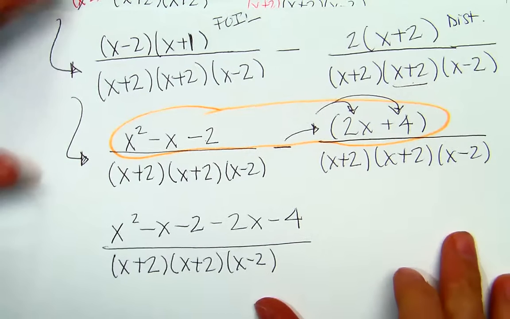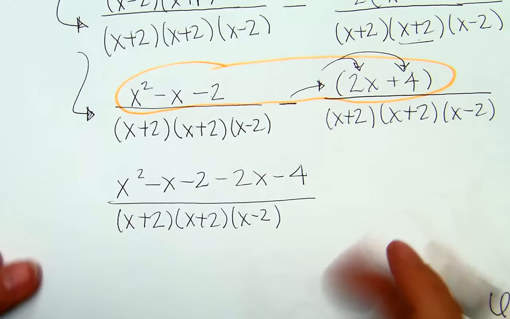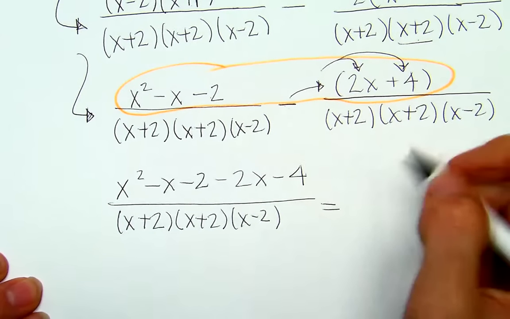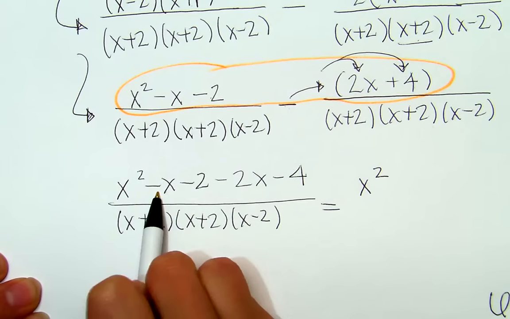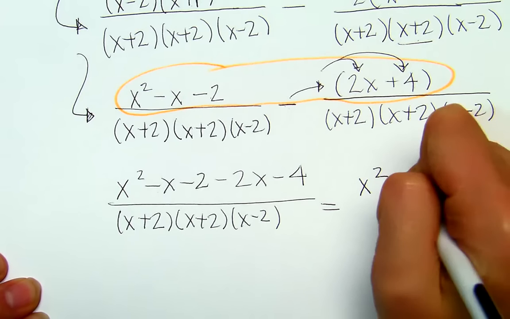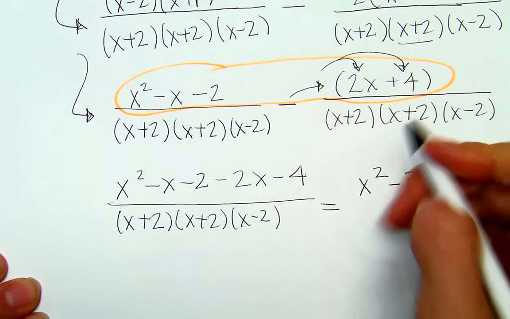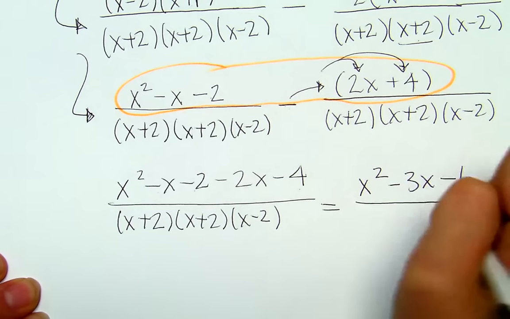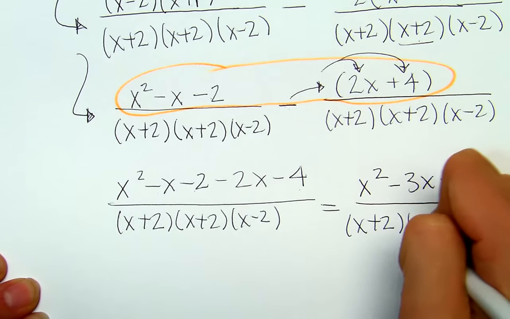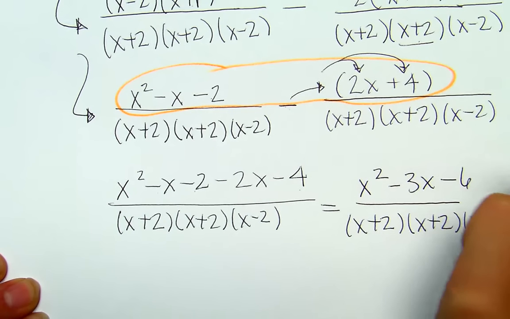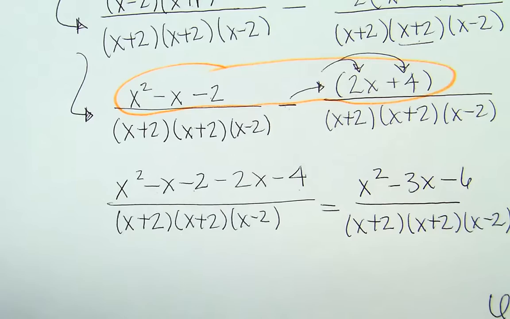Once we get that over your new denominator, we can combine your like terms. There's no other x squared up top, so we get x squared. Negative 1x minus 2x is a negative 3x. Negative 2 minus 4 is a minus 6, all over x plus 2, x plus 2, x minus 2.